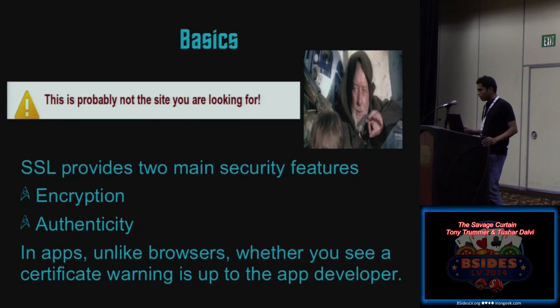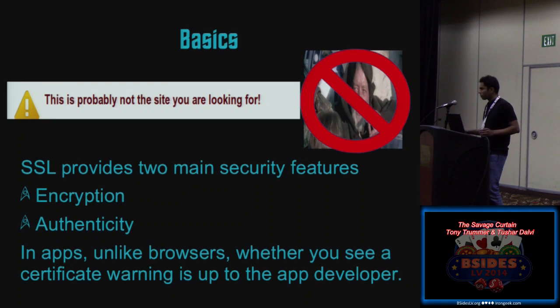So typically, in the event of an SSL handshake failure, browsers would show a browser warning saying, this is probably not the site that you're trying to visit, and so on. You get the gist of it. But in mobile applications, this safeguard is left at the mercy of the developers. And that has some security implications, as we will see.